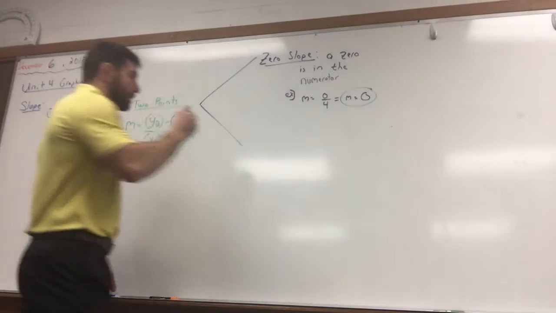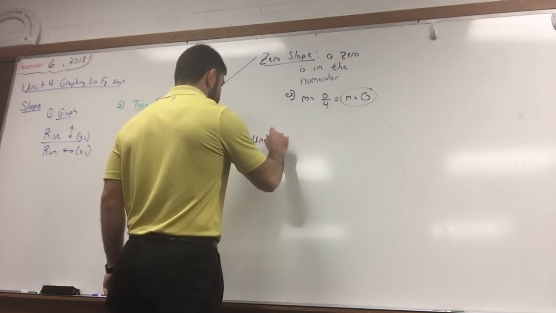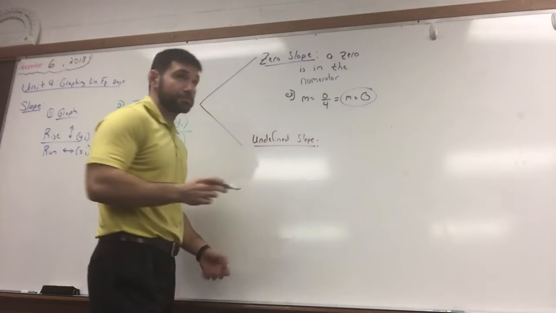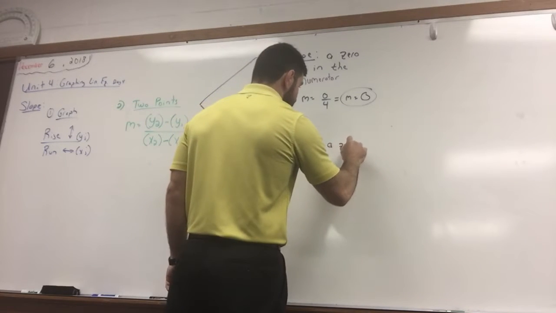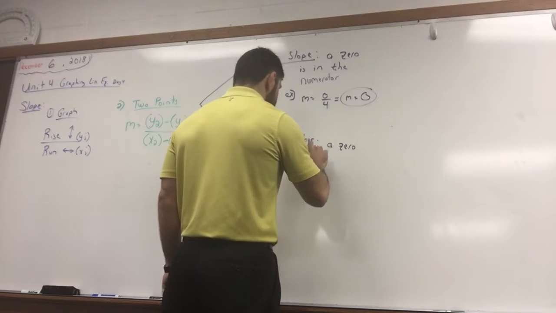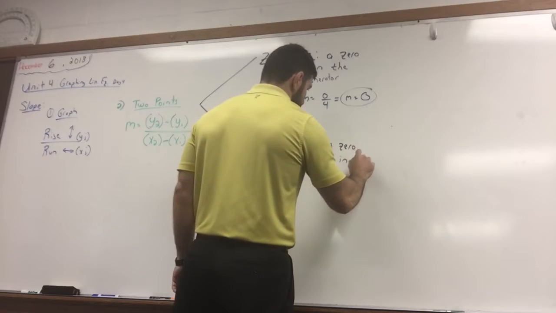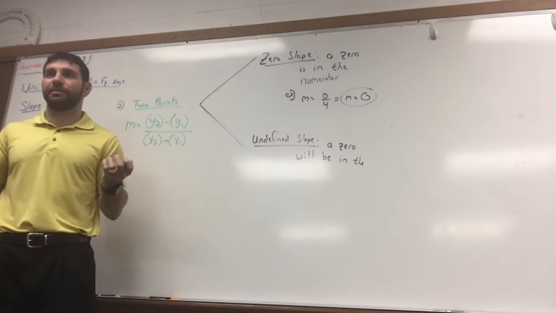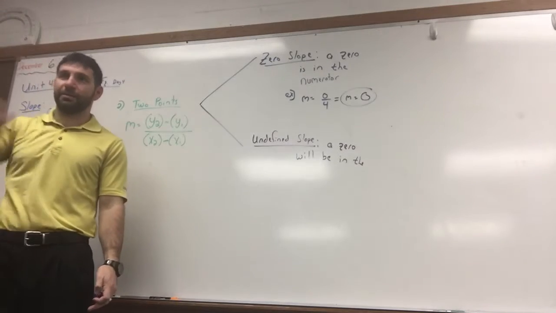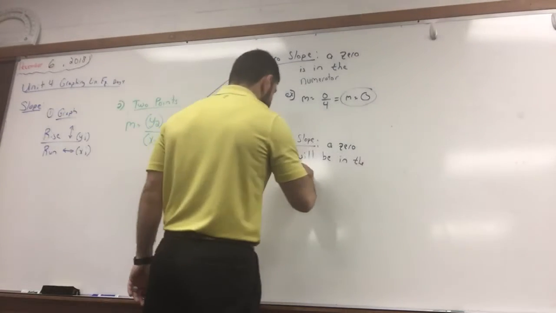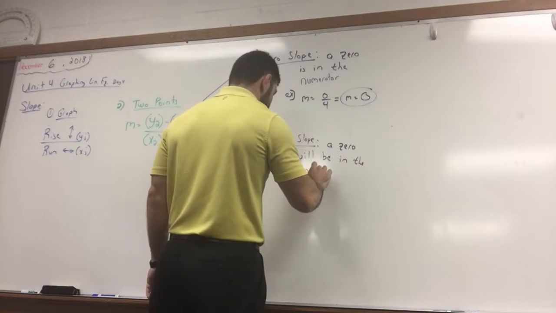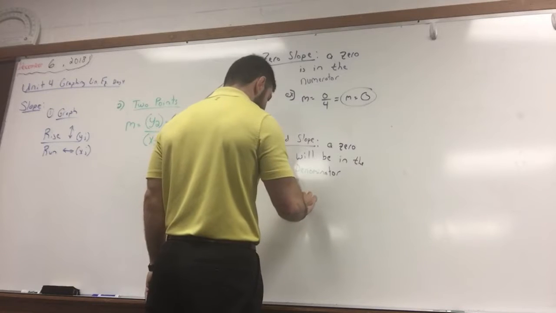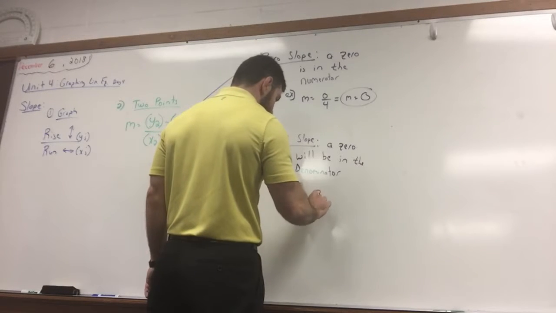Okay. Well, undefined slope. A 0 will be in the, now it's process of elimination. Where do we think? Good, it'll be in the denominator. So an example is something like m equals negative 3 over 0.